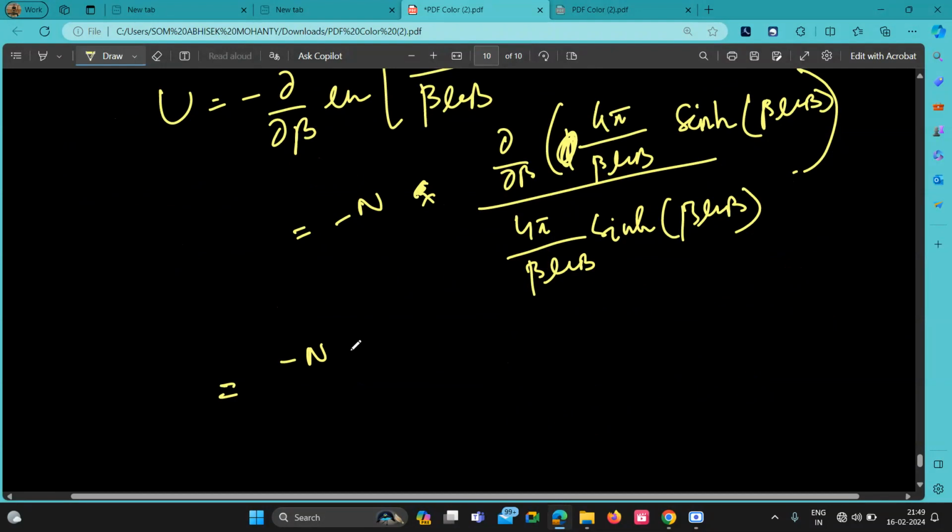So minus n beta mu b divided by 4 pi sinh beta mu b. Take the derivative of this one.